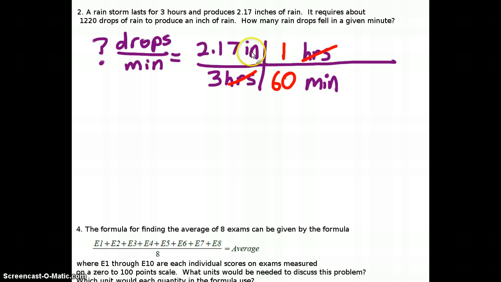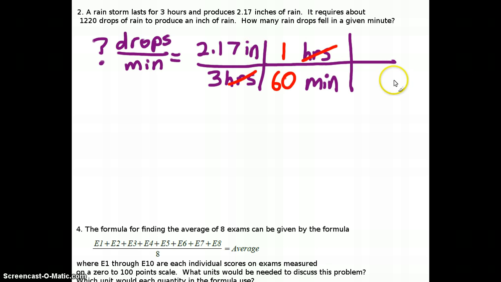Now what we need to do is worry about getting these inches in the numerator to convert over into drops. Looking in the problem, I see that it requires about 1,220 drops of rain to produce 1 inch of rain. That gives me another conversion section to this dimensional analysis, and I want to go out of inches.